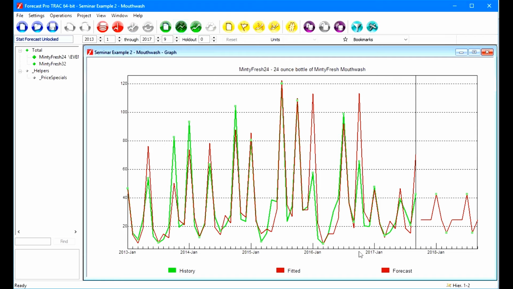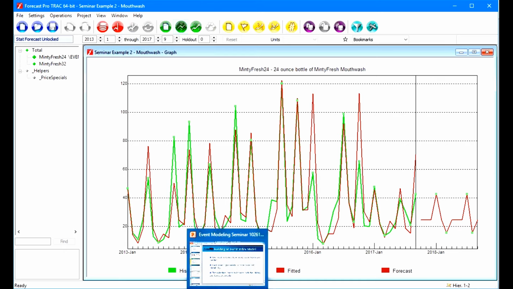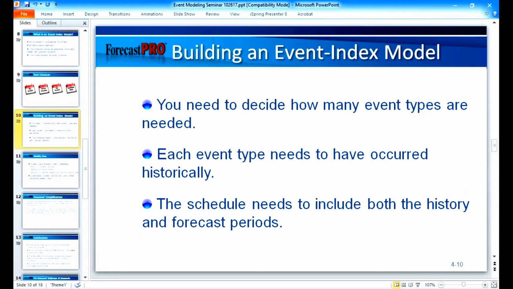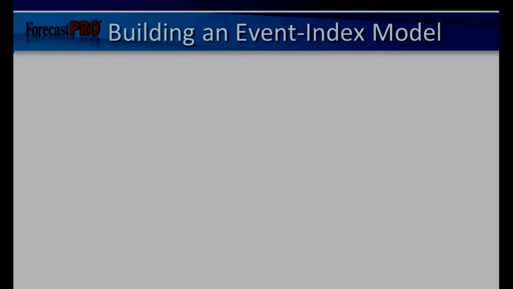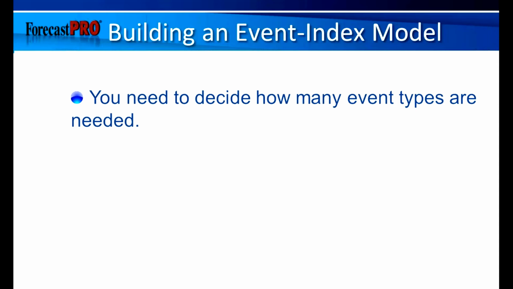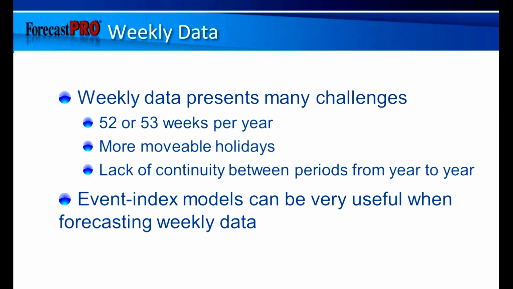So that is our second example, and let's move back to the slide set quickly here, hopefully with no pop-up interruptions. And we're going to talk about weekly data a little bit. So weekly data is harder to forecast than monthly data.